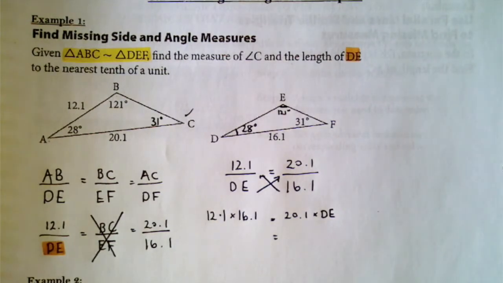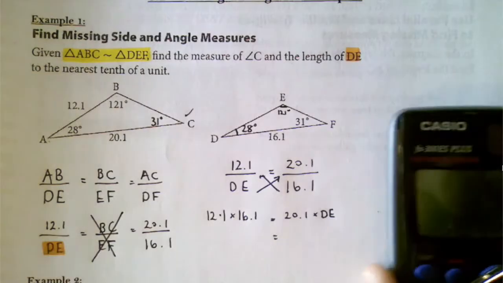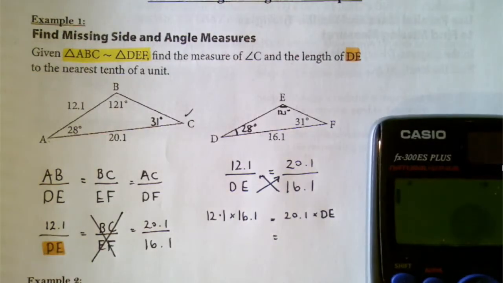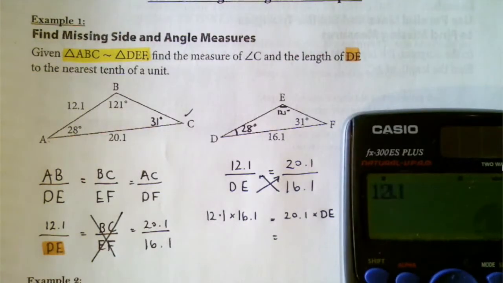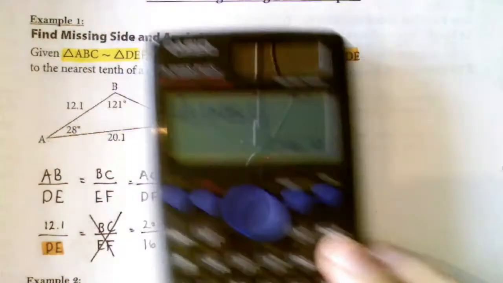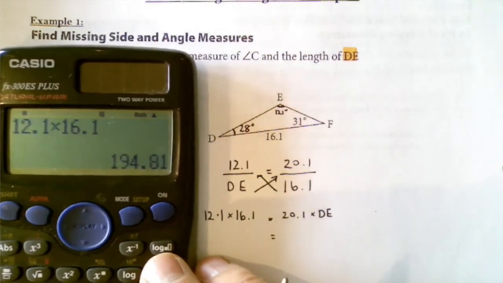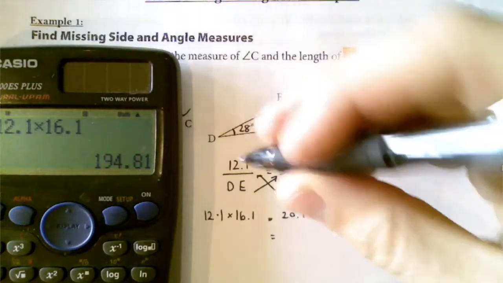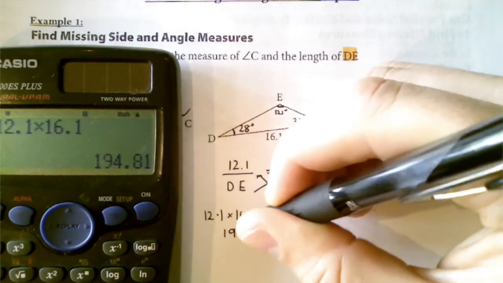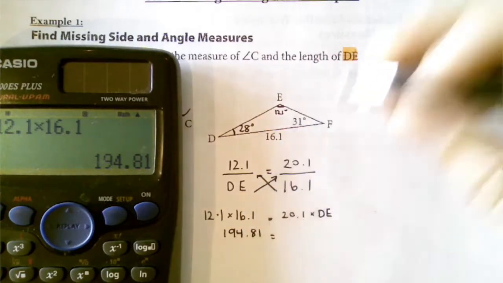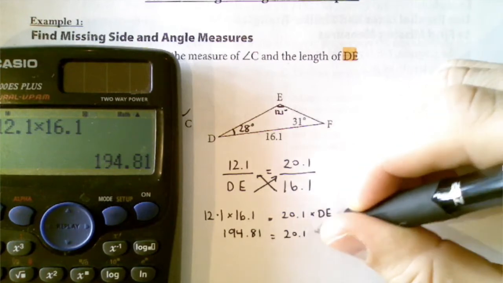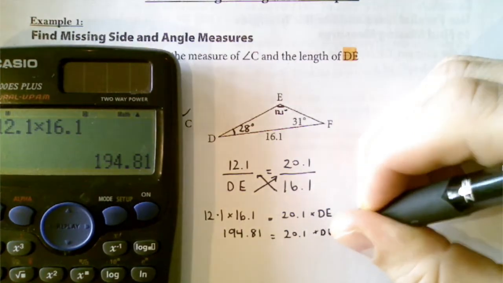We can actually do the multiplication. I need a calculator. 12.1 times 16.1 is 194.81. Put that over here. And we got 20.1 times DE.